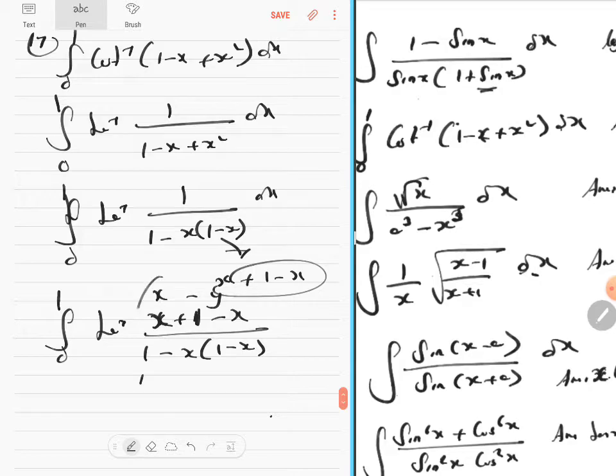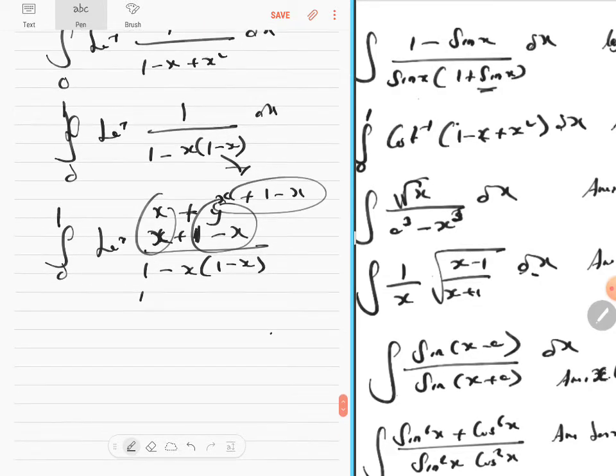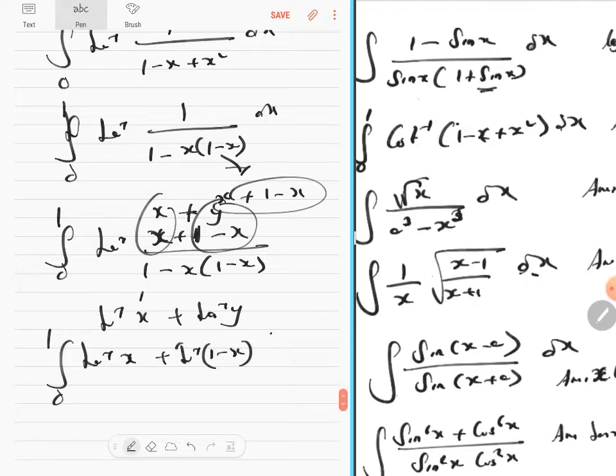So this is x plus y by 1 minus xy, which is tan inverse of x plus tan inverse of y, which is tan inverse of x plus tan inverse of 1 minus x, with an integration 0 to 1 dx in both the places.